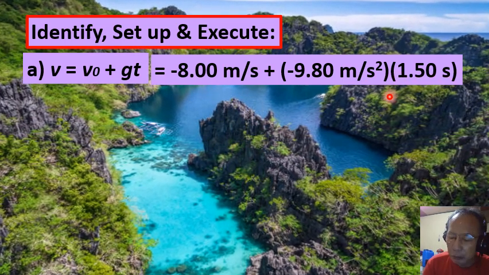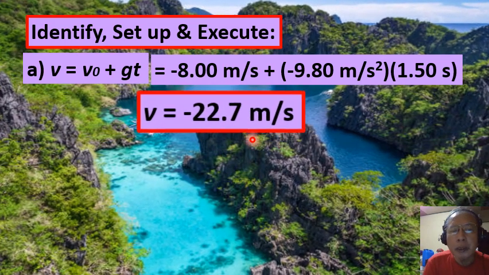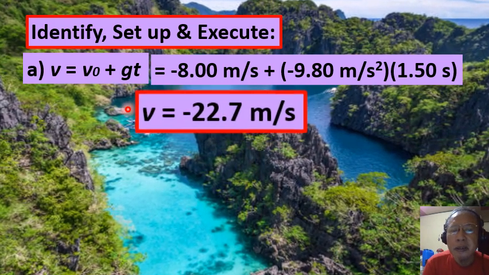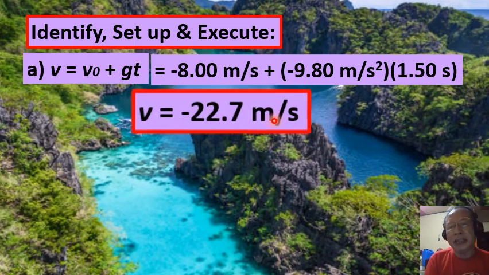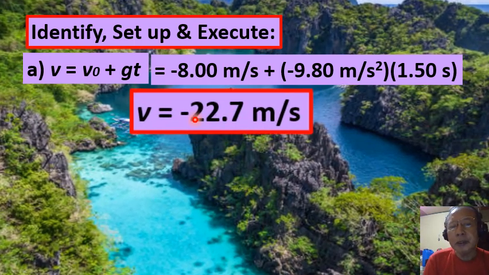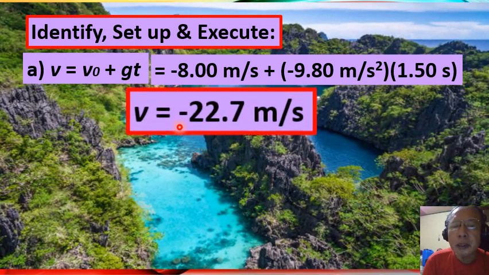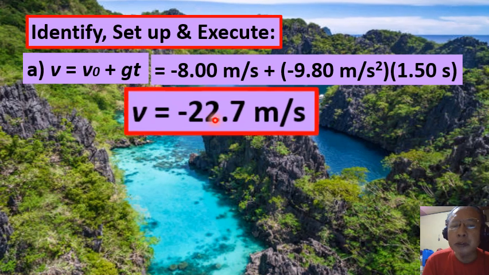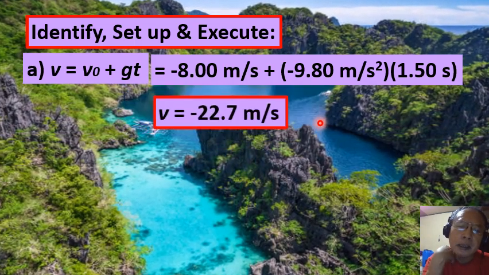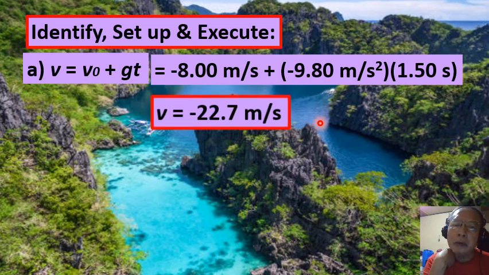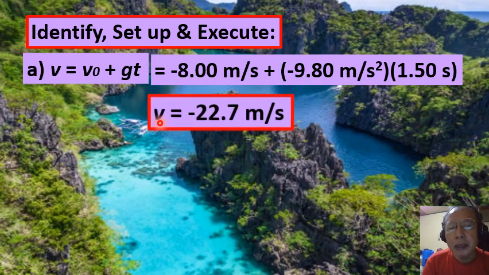So once again, when we do our math, we get the value of the final speed, v, equals negative 22.7 meters per second. So the stone is moving at a speed of 22.7 meters per second, and it is moving downward. That is the meaning of the negative sign of our answer here.